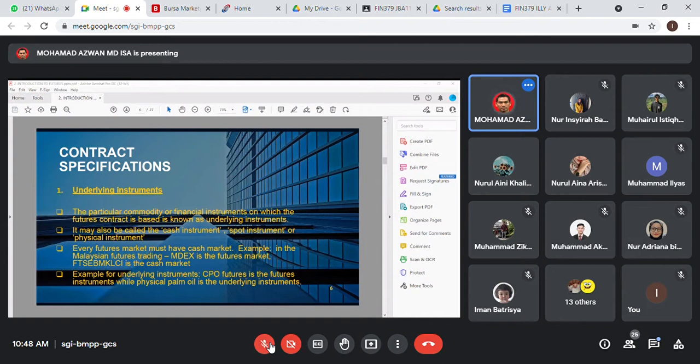What about the 30th October, hari kerja ke hari cuti? Still cannot be the maturity date or last trading day. So dia akan tarik the day before lagi. Hari apa? Yes. So maksudnya FKLI October contract baru ni, maturity date 29 Oktober, because 30 and 31st are holiday. Faham kan?